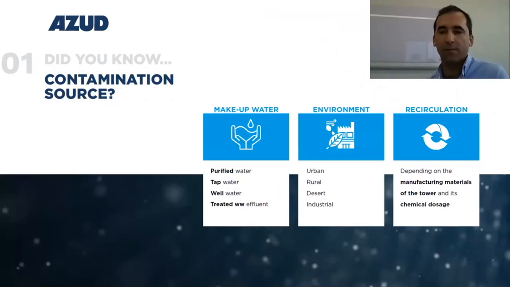The makeup water can come from a poor well, or it may be brackish water, or even from a river where the microbiological activity is high. So you will have a lot of organic particles in your system. Also, in the Middle East, for example, sandstorms are very frequent, so they can increase the suspended solid levels in the refrigeration circuit.